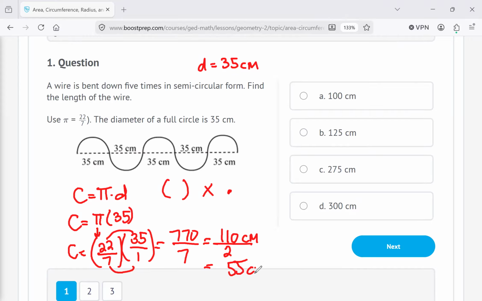Then, because there are one, two, three, four, five semicircles, we have to find the circumference of those five semicircles. So L equals 5 times the circumference of a semicircle, which is 55, and that's going to be 275.